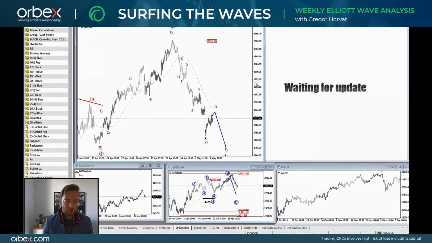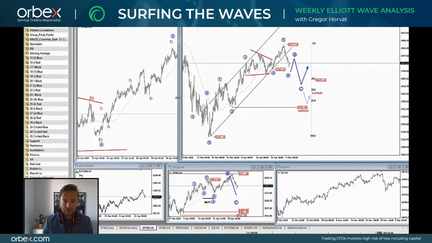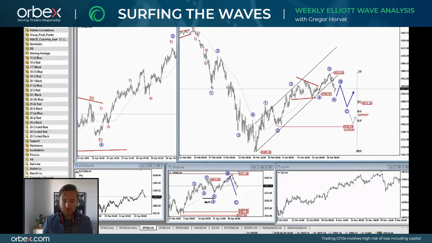Looking at the S&P 500 here on the 4-hour chart, you can clearly see that the market is actually turning down below this trend line support. And this broken trend line suggests that this 5-wave rise is completed at this March 09 gap, as I mentioned. If that's the case, then a new 3-wave retracement is now in play.